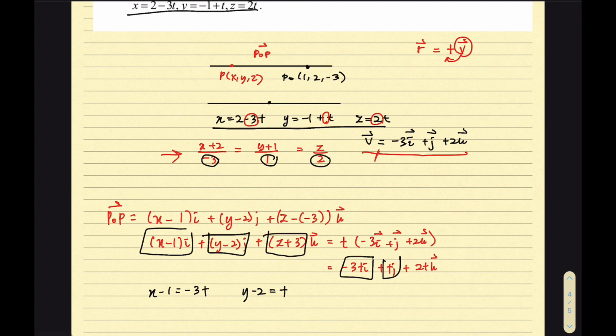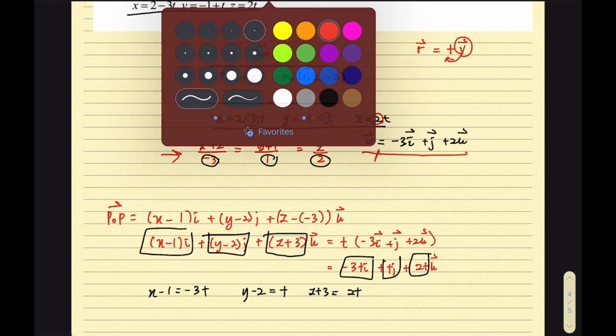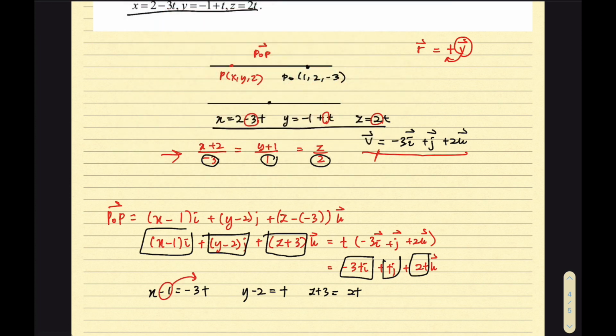And k with k here. So you have z plus 3 is equal to 2t. Okay, so in a parametric equation x, y, and z are always the subject. Therefore, you need to move negative 1 to the other side, it becomes positive. So you will have x is equal to negative 3t plus 1. And then, you move negative 2 to the other side. So you will have y equal to t plus 2. And you move positive 3 to the other side. So you will have z is equal to 2t minus 3.